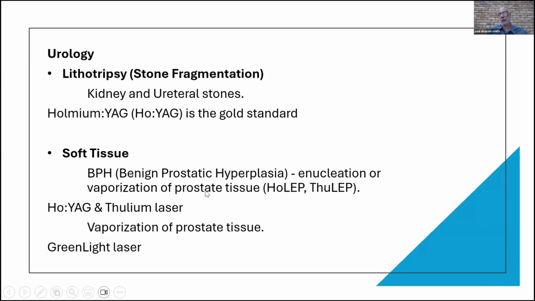Typically, the prostate gland starts to enlarge and will block the urethra, so weeing becomes a problem. So you create holes so that urine can pass. That's just one example. So you're vaporizing the prostate tissue using your holmium YAG and thulium. And the new one is the green light. And also it's used on cancerous tissue by destroying it.